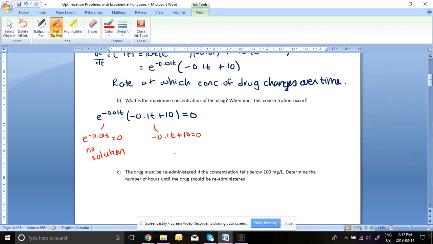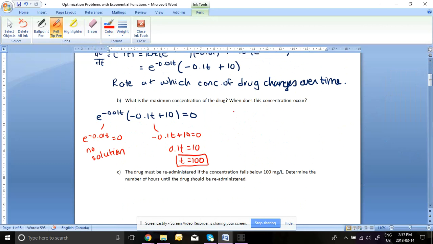So this is the solution that we want to get to. We get 0.1t = 10, so t = 100. That is the solution. It asks when the maximum concentration occurs. We now know it occurs at 100 minutes, or 1 hour and 40 minutes.